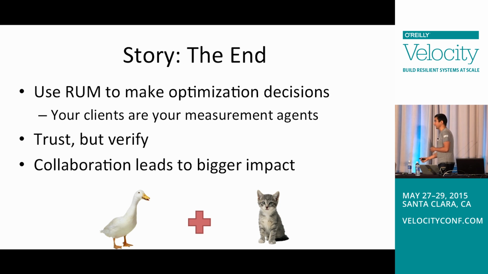That led to more meetings, and we had new ideas, and we collaborated, and we figured out we can use RUM to drive optimizations. So this is one of the big learnings: get out of your silos, talk to other teams in your company. Maybe you'll hit on something interesting, find interesting ways to collaborate, and have a bigger impact.